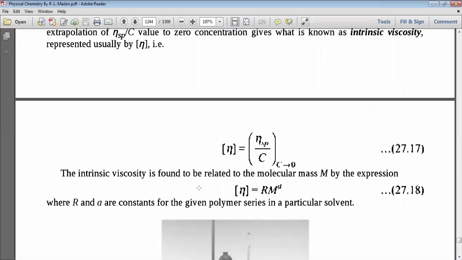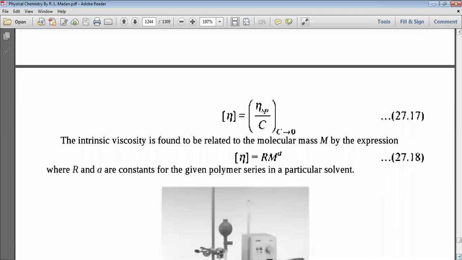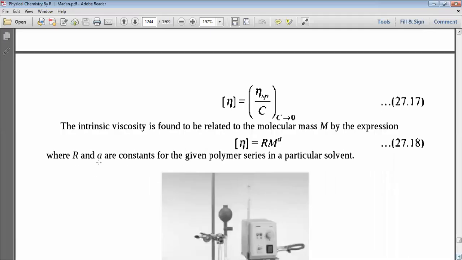The intrinsic viscosity is found to be related to the molecular mass M by the expression [eta] equal to K M to the power a. It's an important relation, where K and a are constants for the given polymer series in a particular solvent.